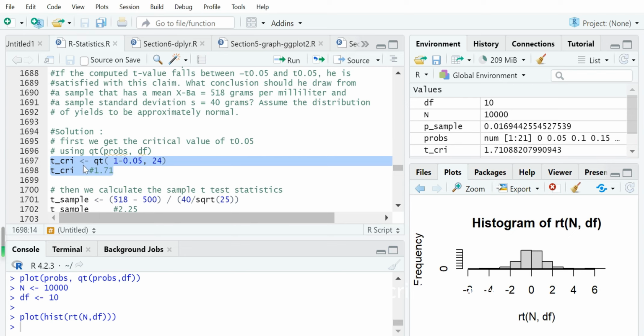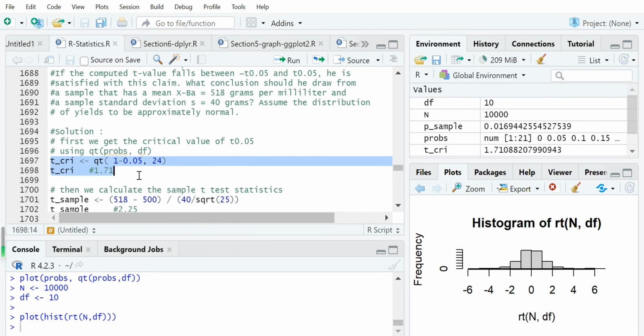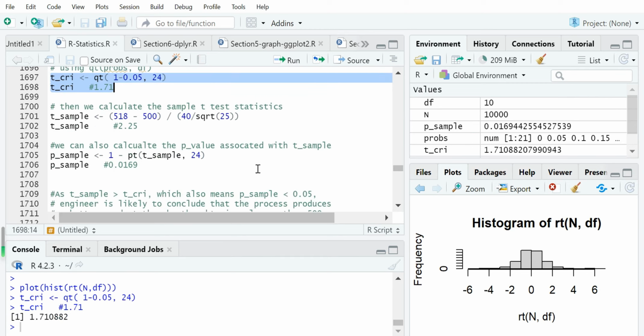Then we calculate this critical value using qt. We use qt because the tail is 0.05, which means the white area is 0.95. And qt calculates the quantile value of this cumulative probability under 24 degrees of freedom of a t-distribution. Then we calculate and get 1.71 for this critical value.